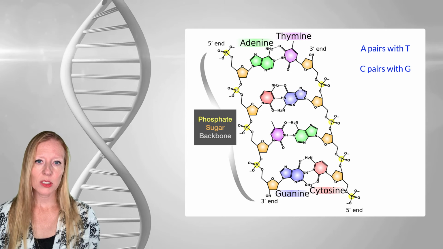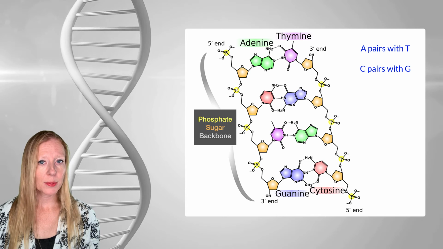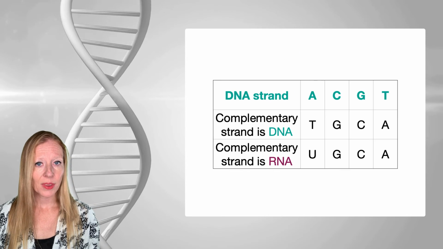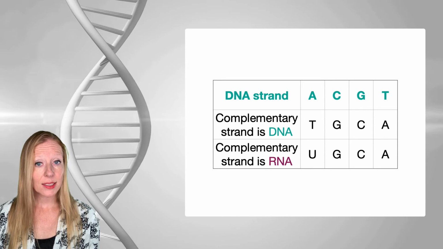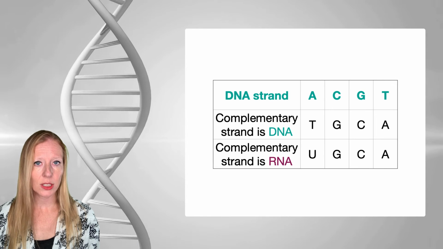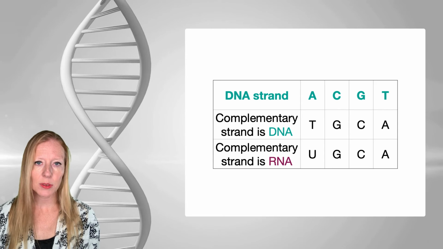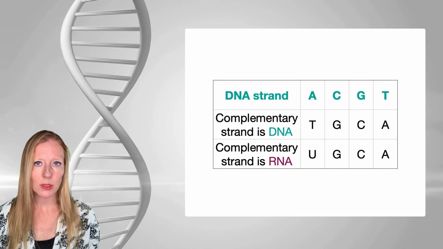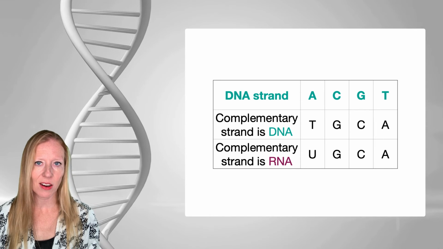This pairing is accomplished via hydrogen bonds, shown by the dotted lines. 3 hydrogen bonds between C and G, and 2 hydrogen bonds between A and T. If we have a strand of DNA and a strand of RNA, and this is going to happen, by the way, during transcription when information in DNA is copied to RNA, the same base pair rules apply, except of course RNA doesn't have T, it has U instead. So A pairs with U, C pairs with G, G pairs with C, and the T in DNA will pair with an A in RNA.